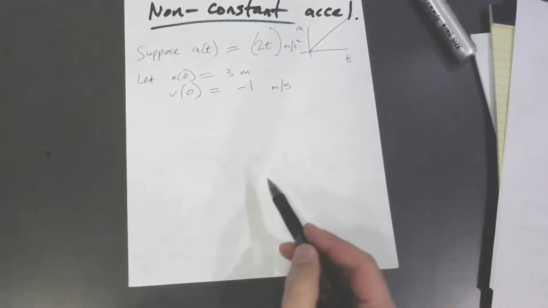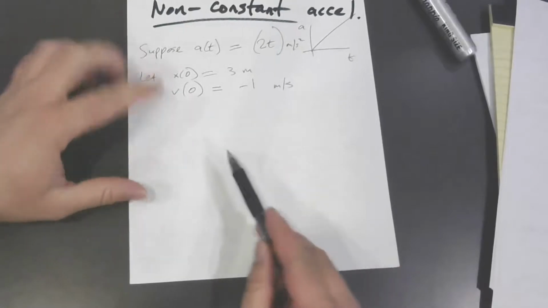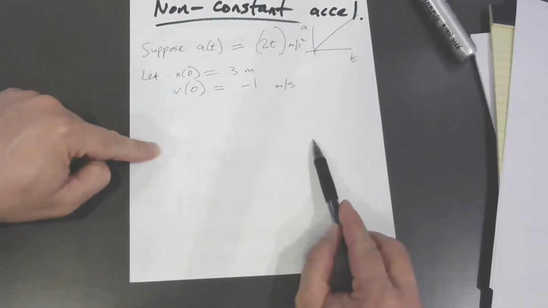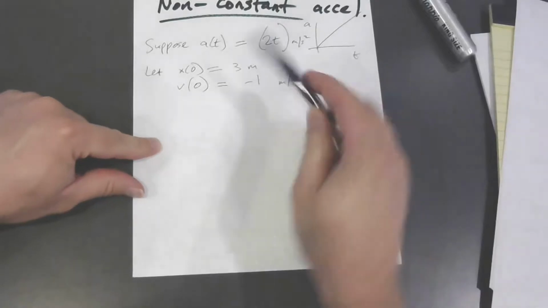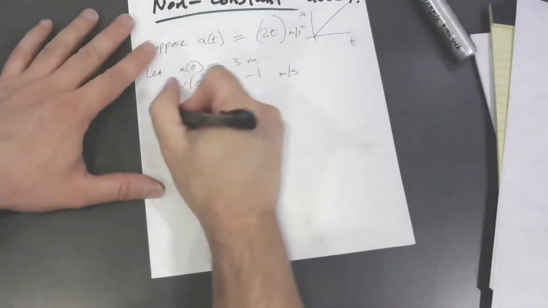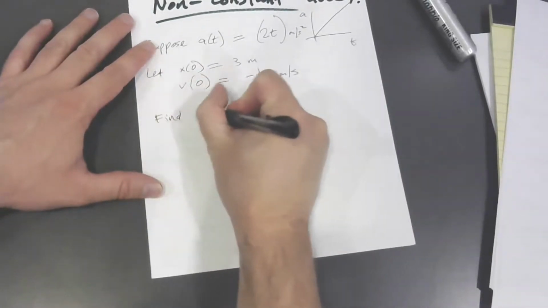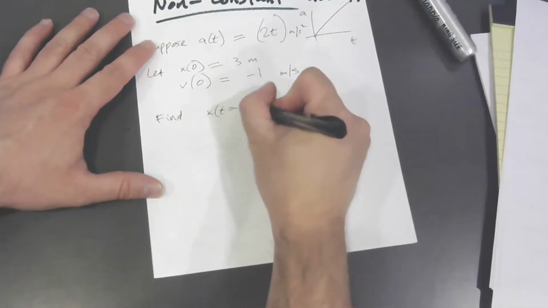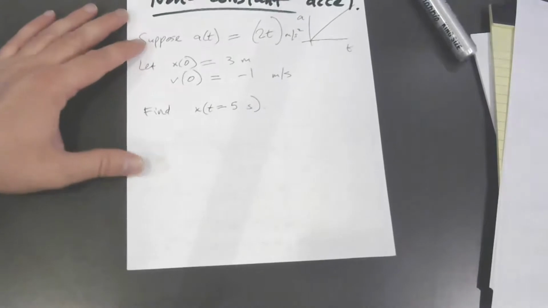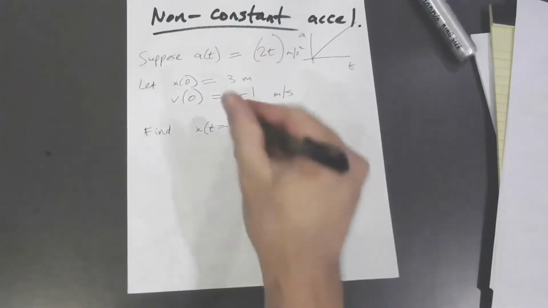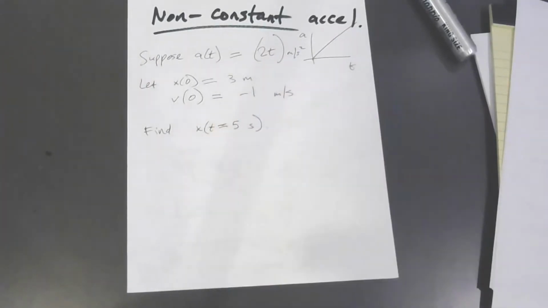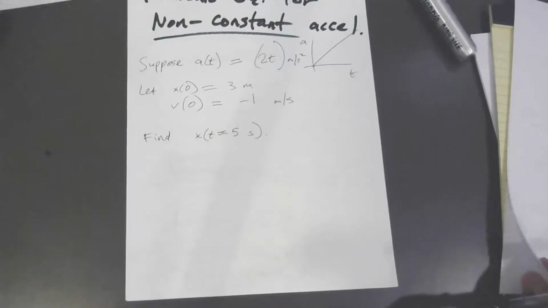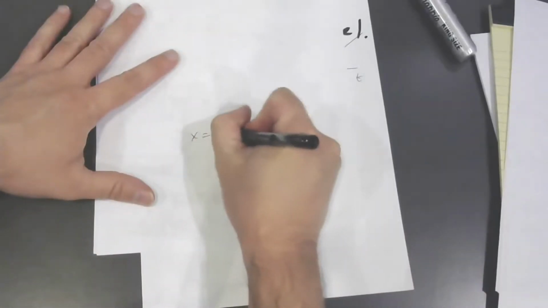So when the clock started, you were to the right of the origin, if the origin's here, and you were moving that way with this speed. And suppose we'd like to find the position now at t equals 5 seconds. Where the heck is this particle or vehicle going to be when the clock says 5 seconds? You cannot answer this question by making reference to this equation.